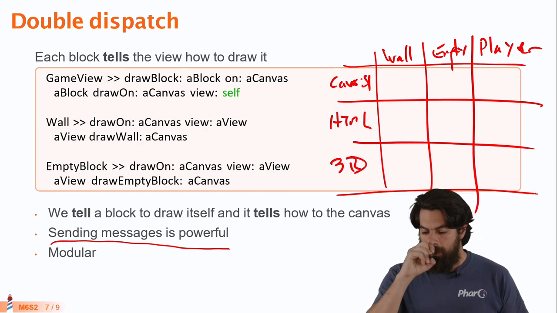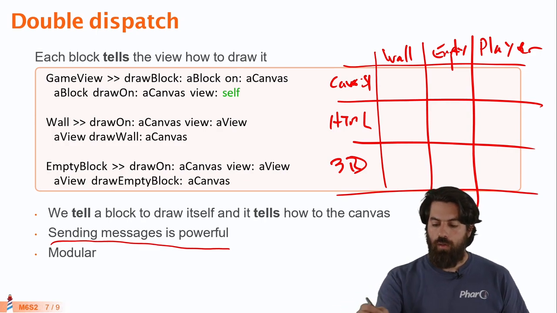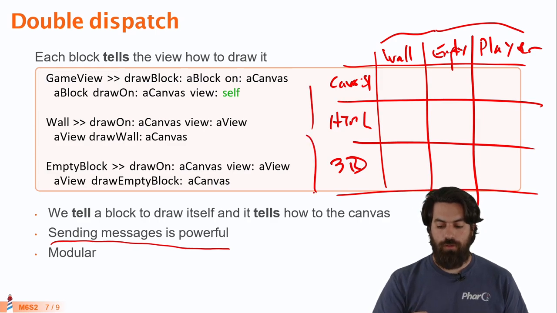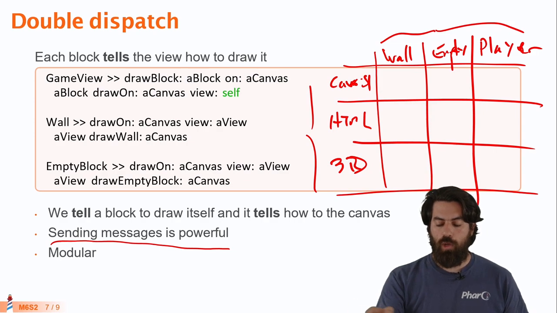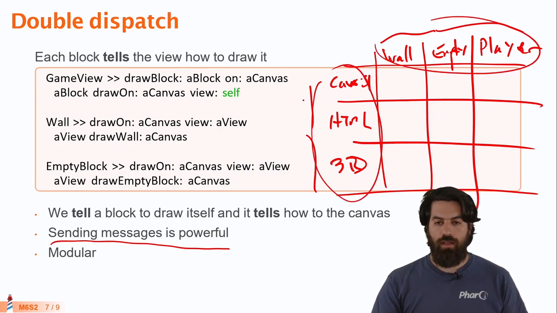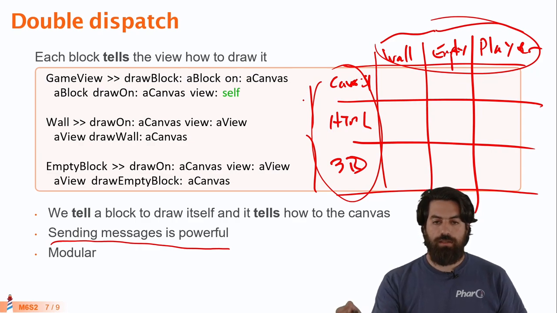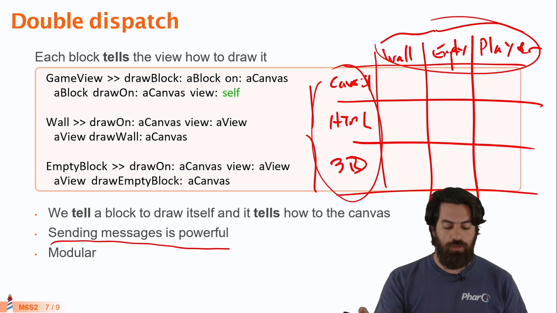In the previous case, when we had rock, paper, scissors, we had rock, paper, scissors here, and also rock, paper, scissors there. That's why we had a symmetrical model. But in this case, what we're crossing is the different blocks and the different canvases. So our model and our double dispatch is not symmetrical.